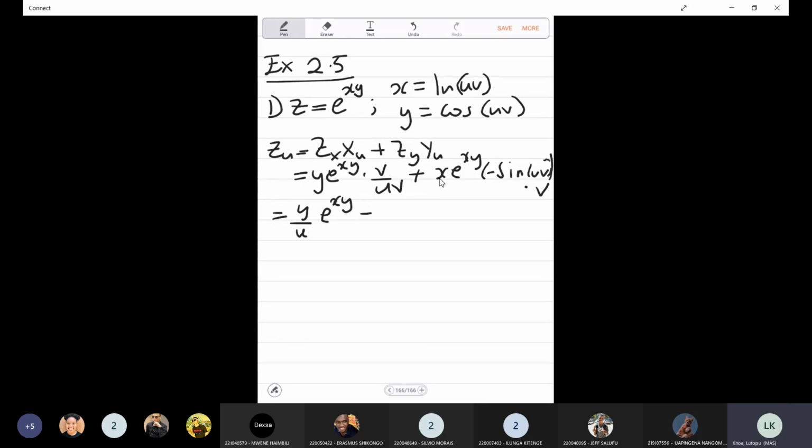Okay, and now we multiply out, simplify as far as possible. This is vx e to the power of xy sine of uv. So we have y over u e to the power of xy minus vx e to the power of xy sine of uv.